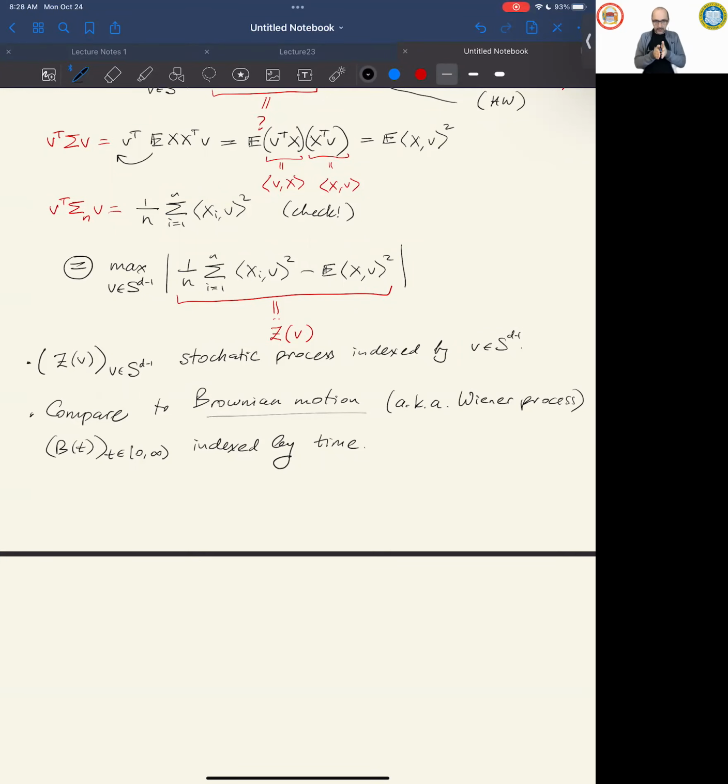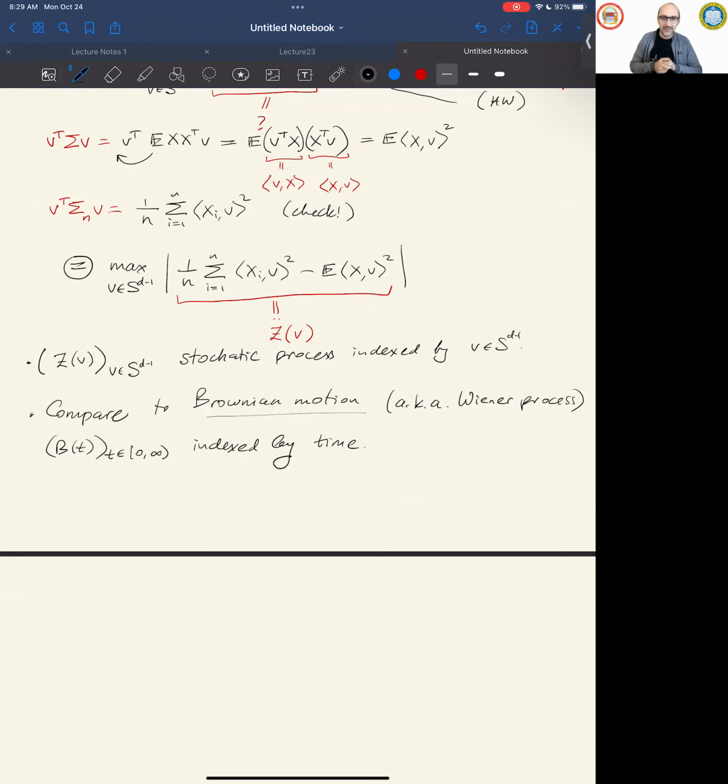Like I stand here, and I can step right or left with probability 1/2 each. At every point in time, I flip a coin, and if it comes up heads, I go right. If it comes up tails, I step left. I perform this at every time moment, so I have this random walk in discrete time. If I flip coins every second, that's a discrete version. If I flip at every millisecond, I'm doing a more refined walk. And the limit of that, when I flip coins at every moment in time, is called Brownian motion.